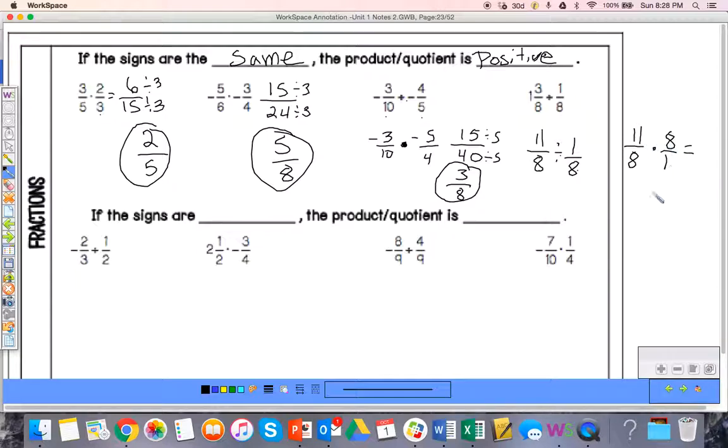So 11 times 8 is 88. 8 times 1 is 8. That simplifies down to 11. Okay, positive divided by a positive stays positive. So now again, if the signs are different, the product or the quotient is negative.